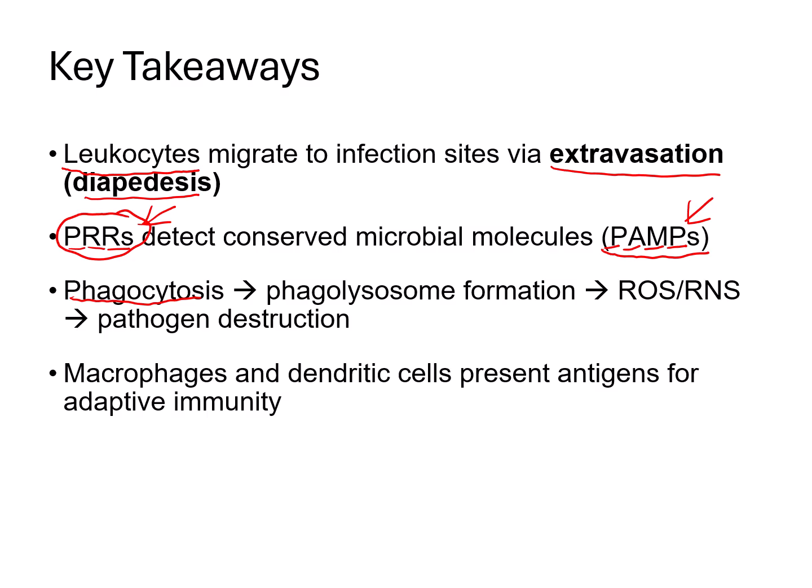Phagocytosis leads to microbe destruction through acidification, the enzymes found in those lysosomes, reactive oxygen species, and reactive nitrogen species. And macrophages and dendritic cells, we're going to see that they also function as antigen-presenting cells, and we'll see them more in the next chapter on adaptive immunity.